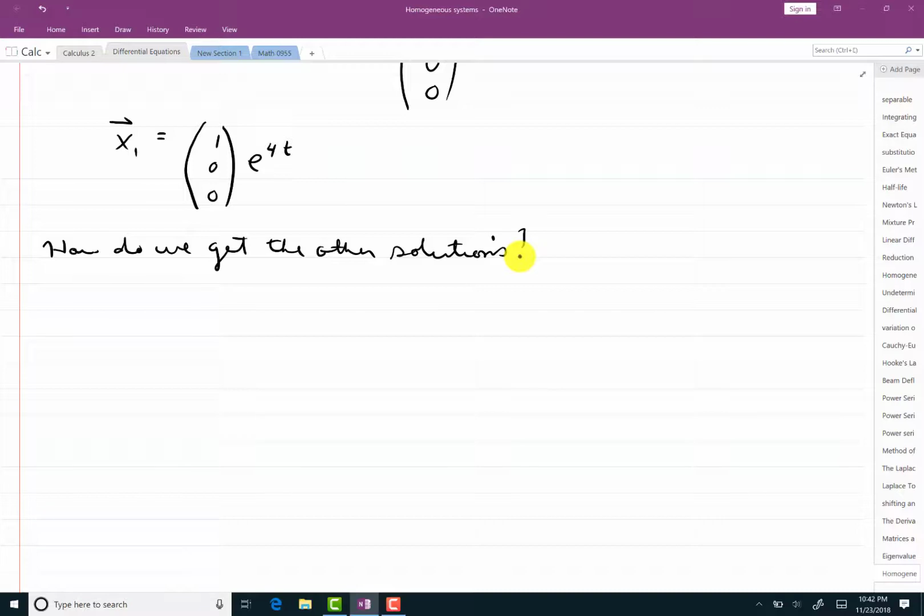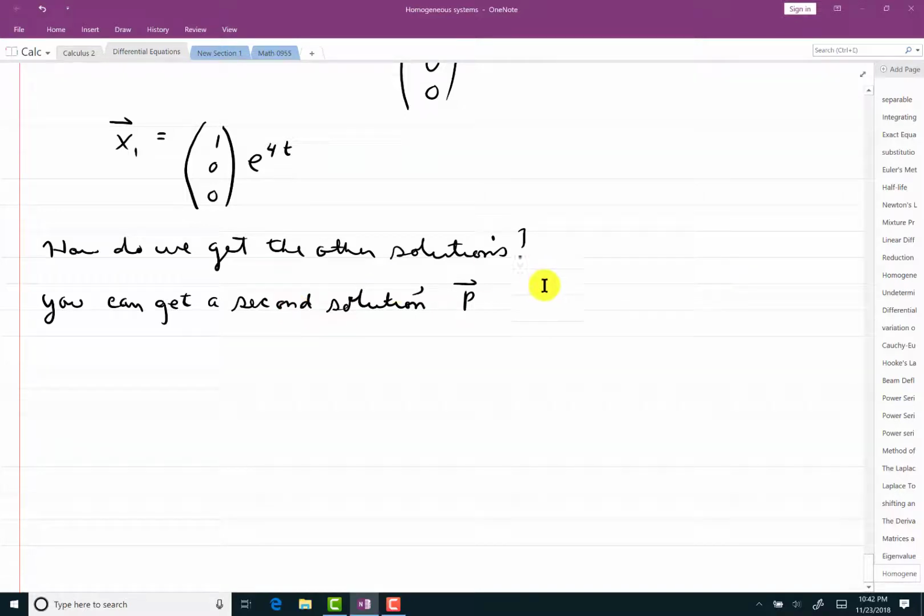I mentioned last time that you can get a second solution. Here we'll call it P arrow, and it solves the following system.